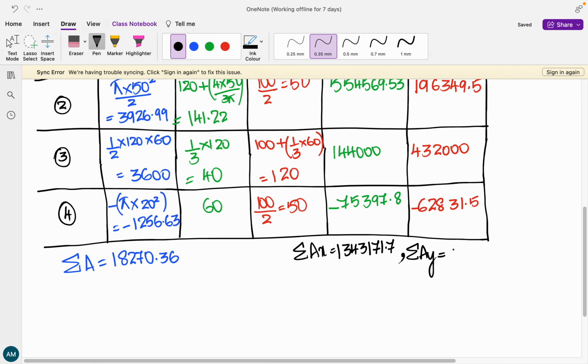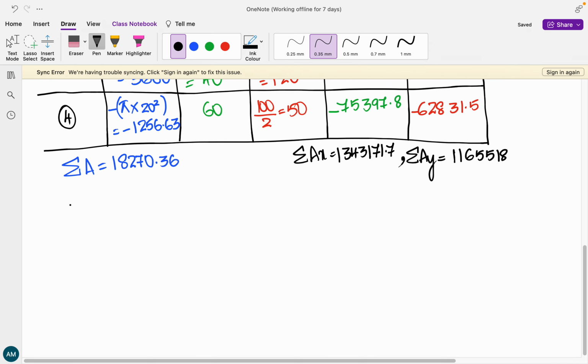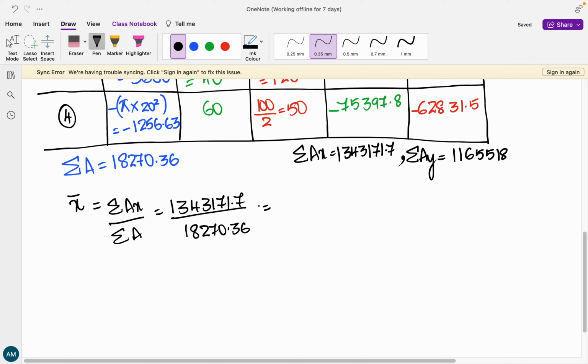Now summation a into y is 1165518. What is the standard formula? X bar is equal to summation a into x divided by summation a, which is 1343171.7 divided by 18270.36.